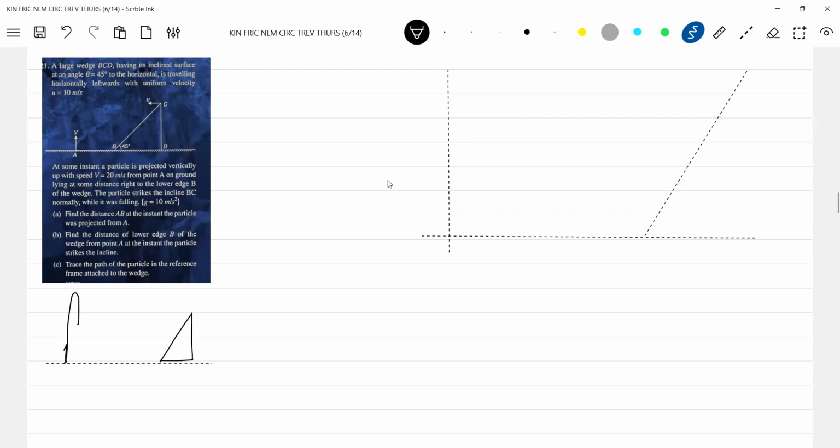At t equals 0, the ball is projected with Uy. There's a ball. When it is striking, what happens? The wedge will be at this particular position. I think I can't give diagrams better than this. Okay, this is the wedge.